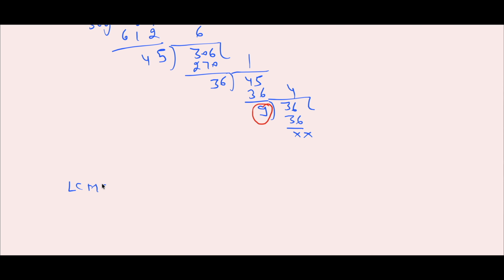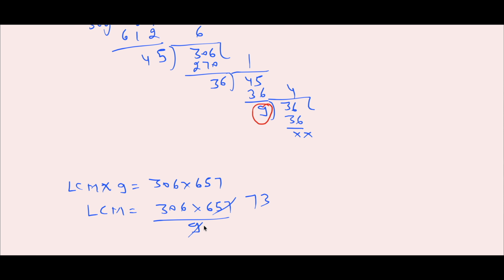So LCM times SCF, that is 9 we got, is equal to the product of the given numbers, that is 306 times 657. From here LCM will be equal to 306 times 657 divided by 9. If we divide it by 9, 9 7 is 63, 2 27, 9 3 is 27. So it went 73 times.